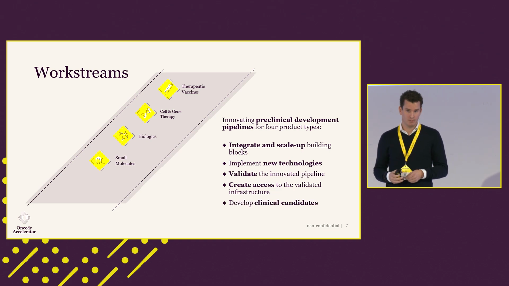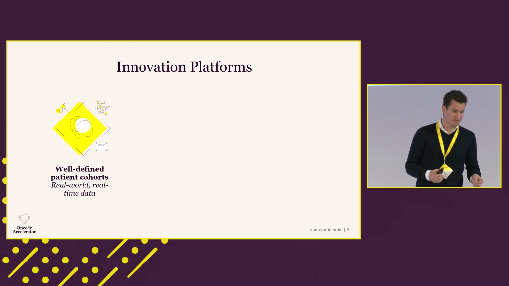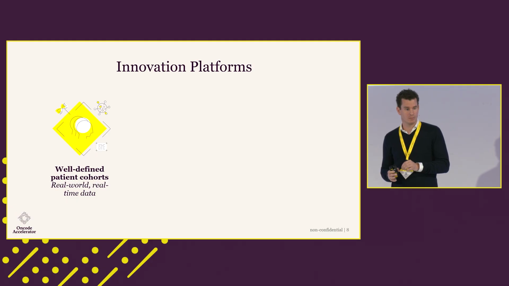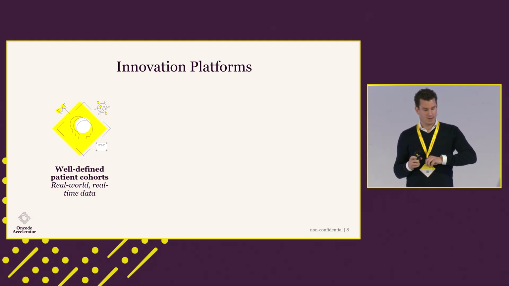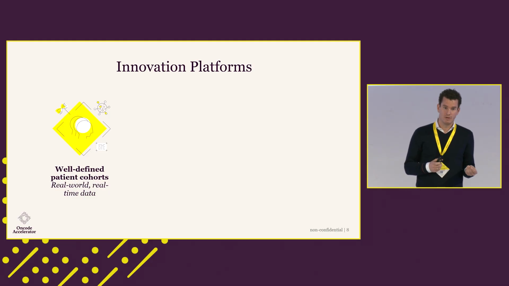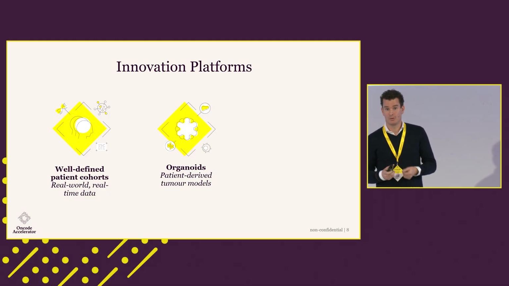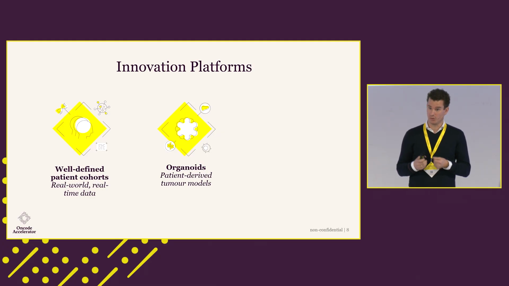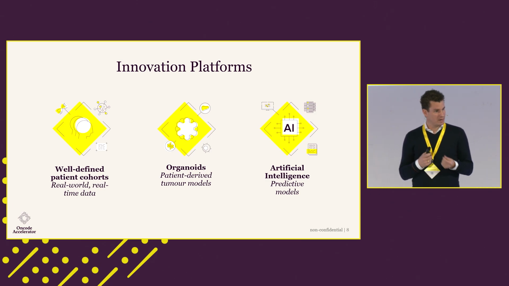And of course, we hope to develop a number of clinical candidates. Zooming into the innovation platforms. Through the well-defined patient cohorts platform, we offer access to biobanks with patient-derived tumor samples for different indications with associated clinical data. Through the organoids platform, we offer access to organoid models for different indications. And through the AI platform, we offer access to AI models for different applications in the drug discovery and development process.